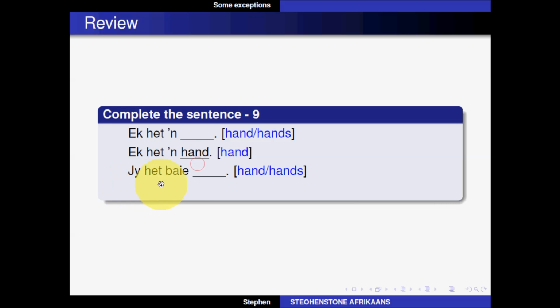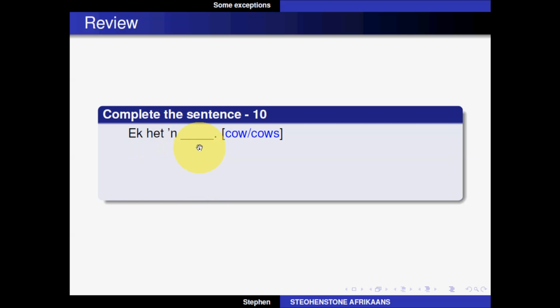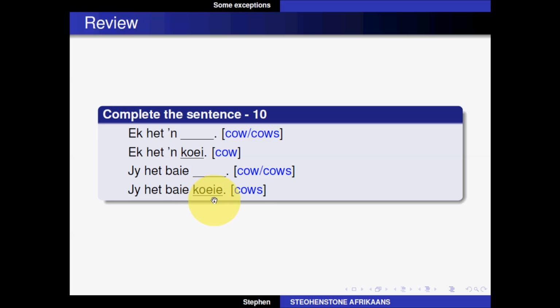Jy het baie hande. Jy het baie hande. Ek het 'n koei. Ek het 'n koei. Jy het baie koeie. Jy het baie koeie.